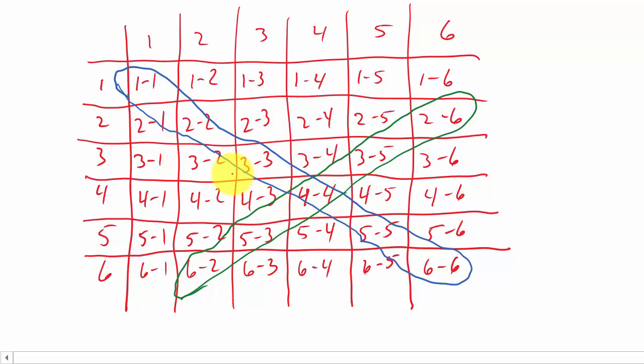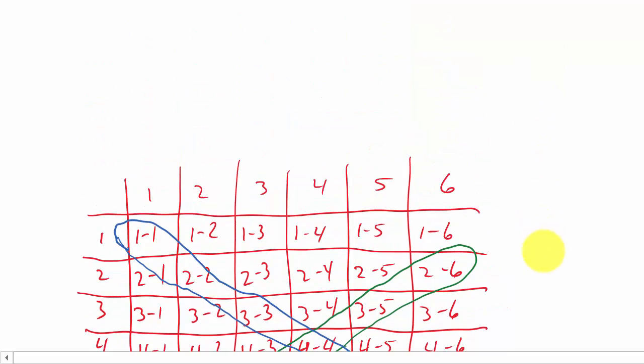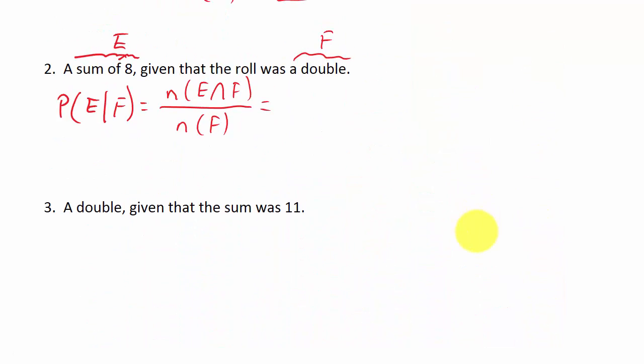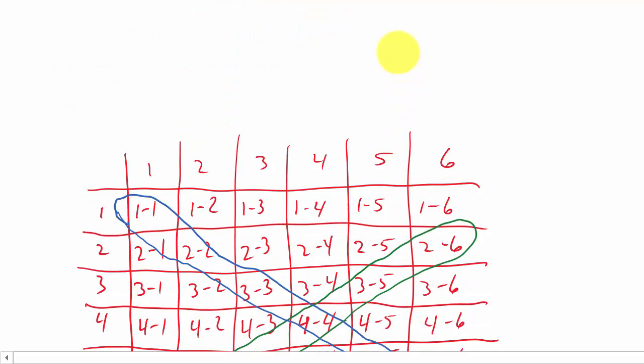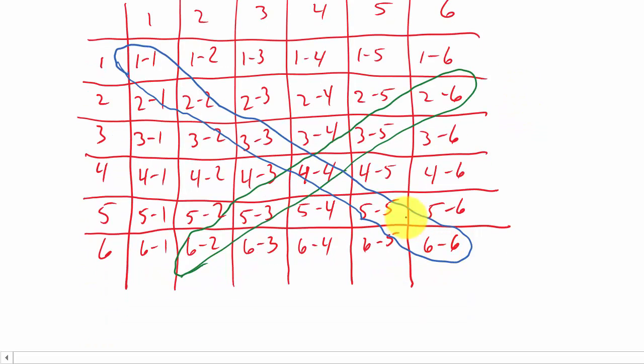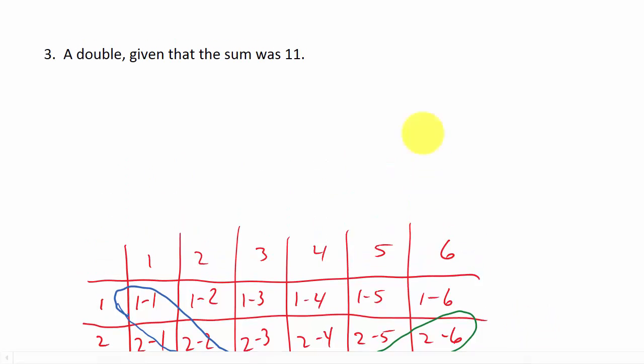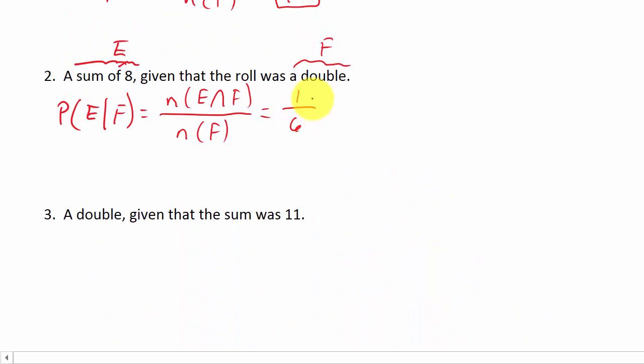See, the 4, 4 is in the blue, which represents F, and 4, 4 is in the green, which represents E. So there's only one element in that. So that's 1 over the number in F. F is the blue. 1, 2, 3, 4, 5, 6. And so our probability is 1/6.